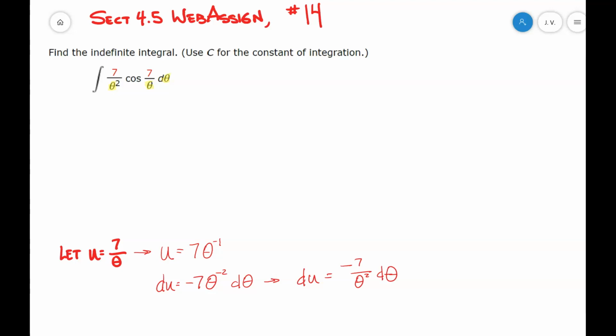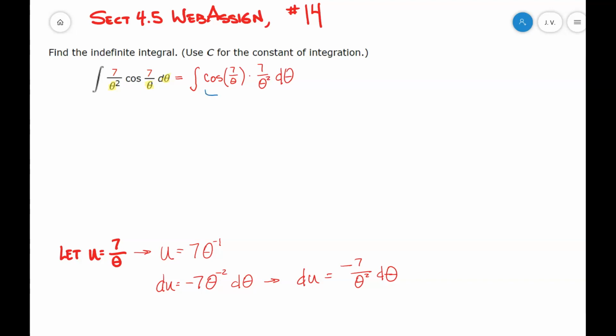Let's go back and take a look at the original problem and do a little bit of rewriting here and see how this helps us. So I'm going to take a look at the antiderivative of cosine of 7 over theta, and then I'm going to move that 7 over theta squared back here, and right there we see we have almost everything we need.